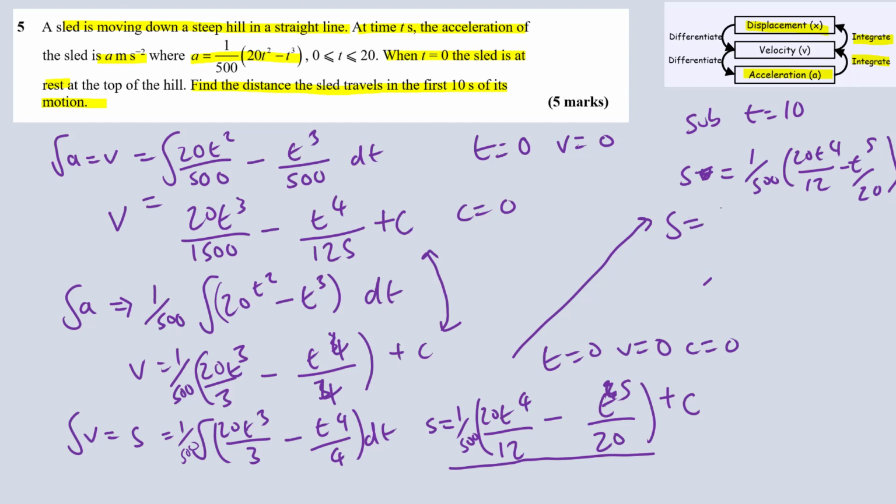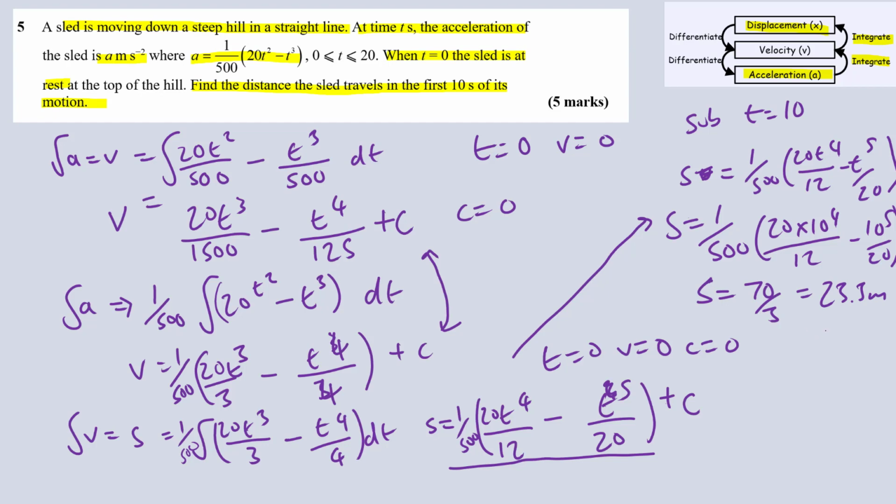Just show yourself subbing that in, because sometimes you do get a method mark for that. So 20 times 10 to the 4 over 12 minus 10 to the power 5 over 20. Put that in the bracket. And then you'll get s equals 70 over 3, which will get you the mark, or you can round to 3 significant figures. And there you go.